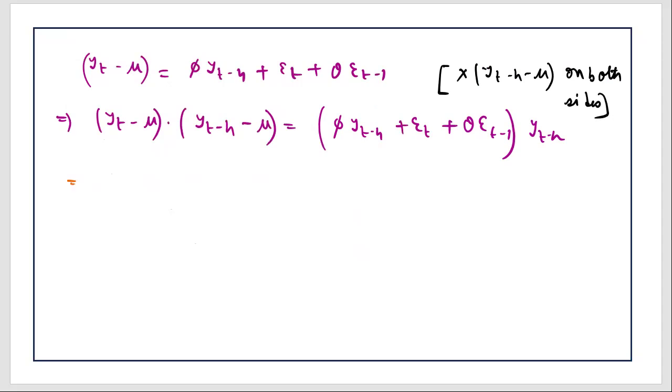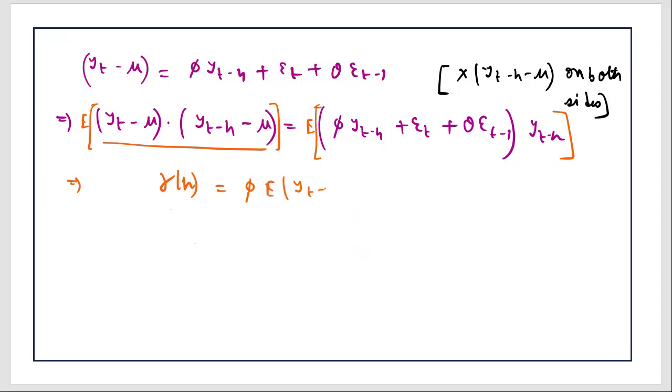Now take this multiplication. So the left hand side will be what? It will be simply gamma h. This we have done multiple times, so I am not explaining it to you. So basically we are taking expectation on both sides. If you take expectation, this will be simply gamma h, and the expectation on the right side will give you phi. Expectation will be on all the terms individually.